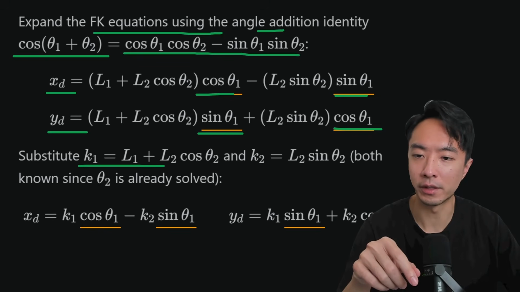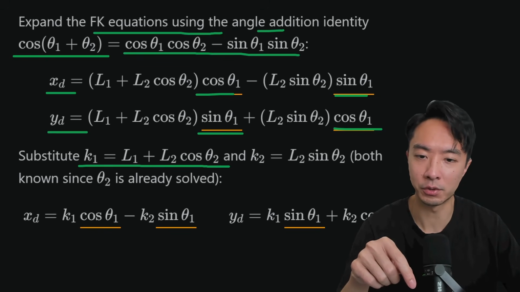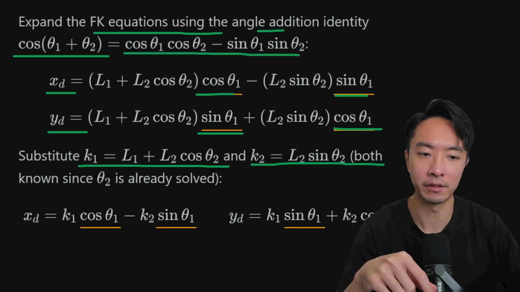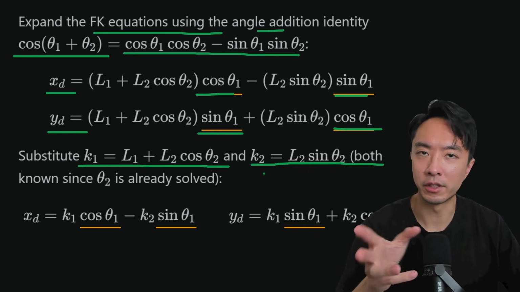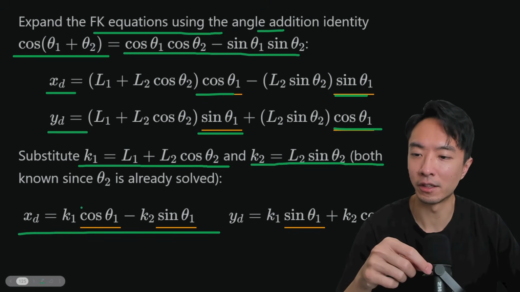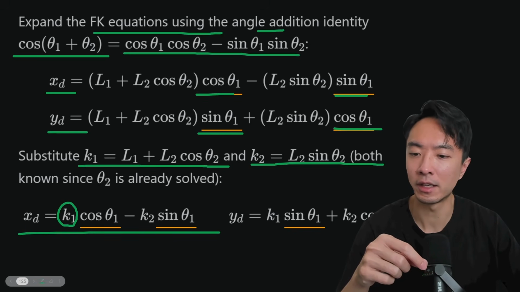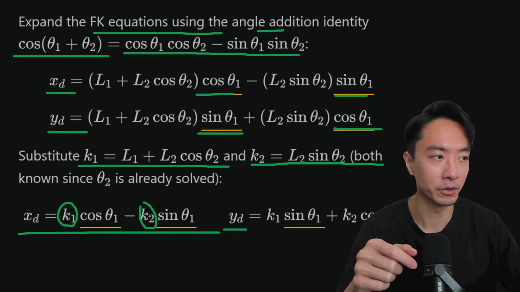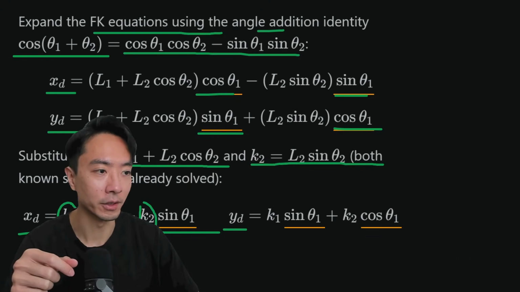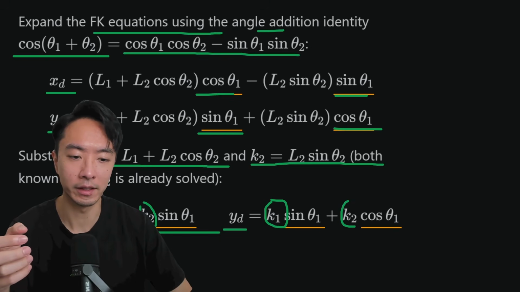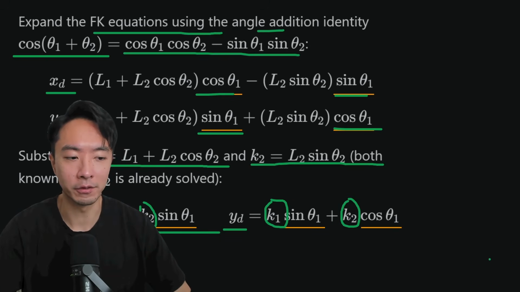We have k1 equals L1 plus L2 cosine θ2, and then k2 equals L2 sine of θ2. Since we already know θ2, we could plug it in. So we have xd as a function of these k1 here and k2 here. And then same thing with yd, we have those expressions. You can see if I move over, we have here again k1 and k2. So these are our different expressions.